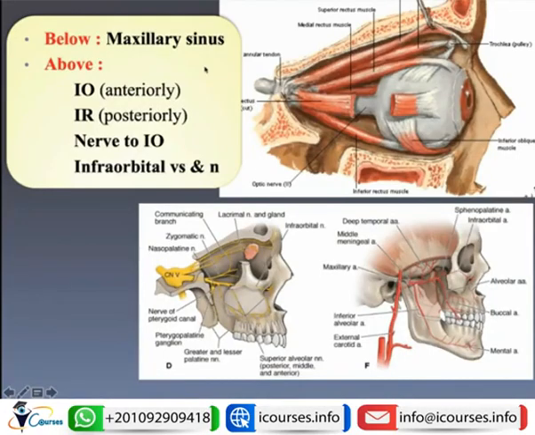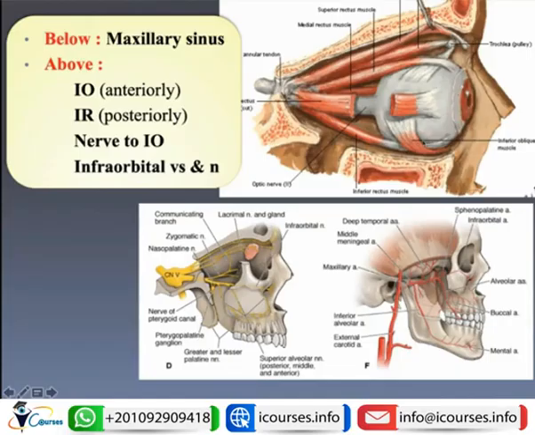So what are the relations of the floor? Just below the floor, as you may expect, will be the maxillary sinus, while above the orbital floor will be two muscles, the inferior oblique and the inferior rectus, as you can see here. As a general rule, the obliques are always below the recti.